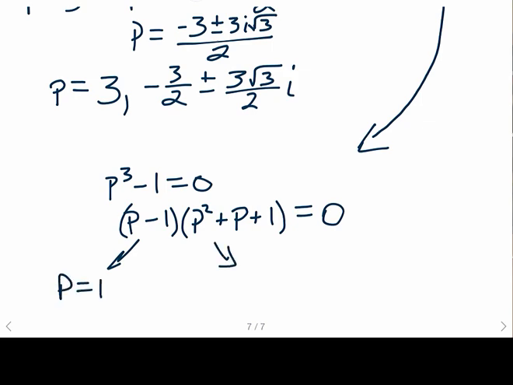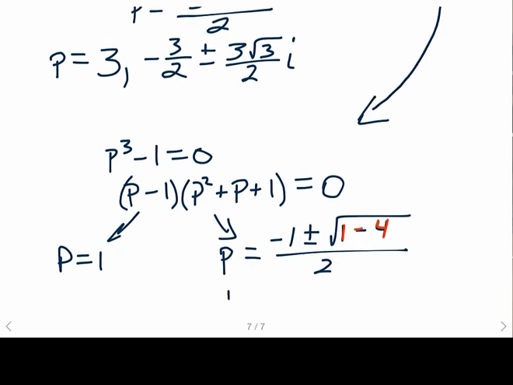The second factor is going to give me p is equal to negative 1 plus or minus the square root of 1 minus 4 all over 2. As before, that 1 minus 4 is going to give me a complex solution. So we end up with p is equal to negative 1/2 plus or minus the square root of 3 over 2 times i.